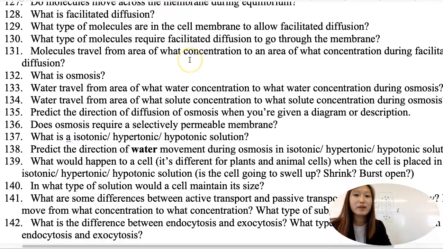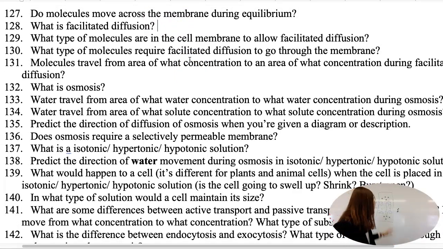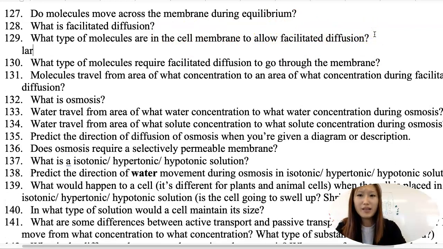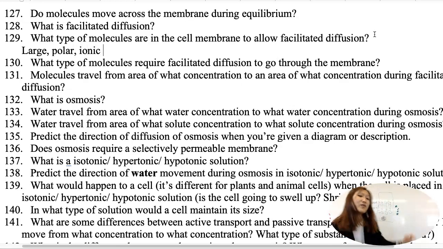The other type of membrane transport is called facilitated diffusion. If you have a molecule that's large or polar or ionic, then it's difficult for it to travel through the cell membrane directly. So if a cell needs to get a certain type of molecule in and out of the cell, it will build itself kind of a special door for this type of molecule.